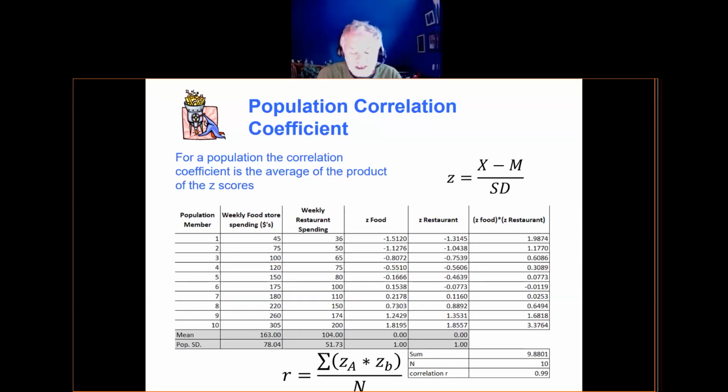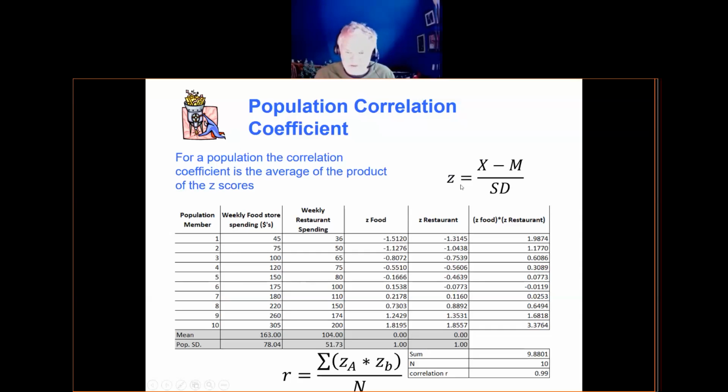For this course, you don't have to know the calculations of the correlation coefficient, you just have to know what it is. What I do is standardize each score. For the food store, I take the score of 45, subtract the mean, and divide by the standard deviation. That gives me a standardized score.